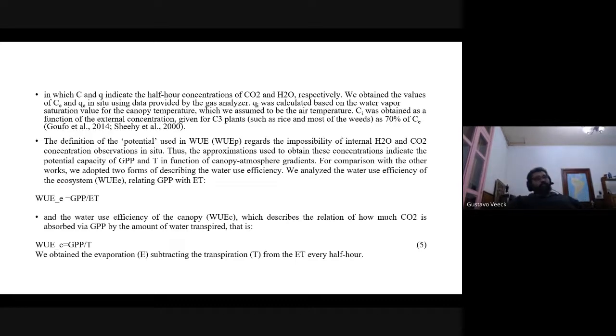We look at ecosystem water use efficiency, the relation between GPP and ET, and crop water use efficiency, the relationship between GPP and transpiration.